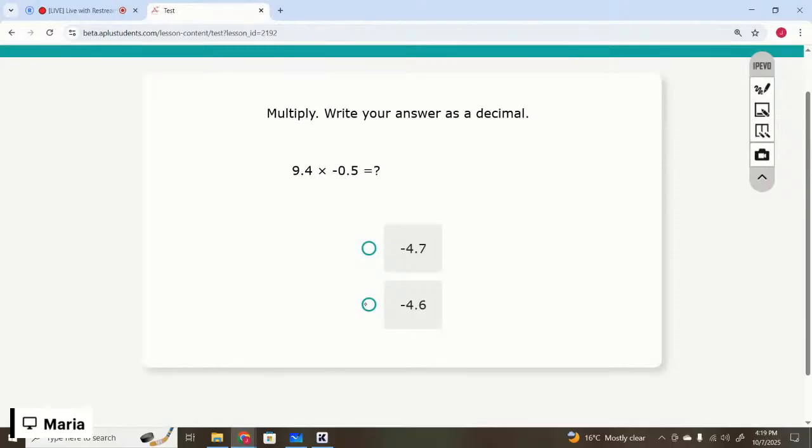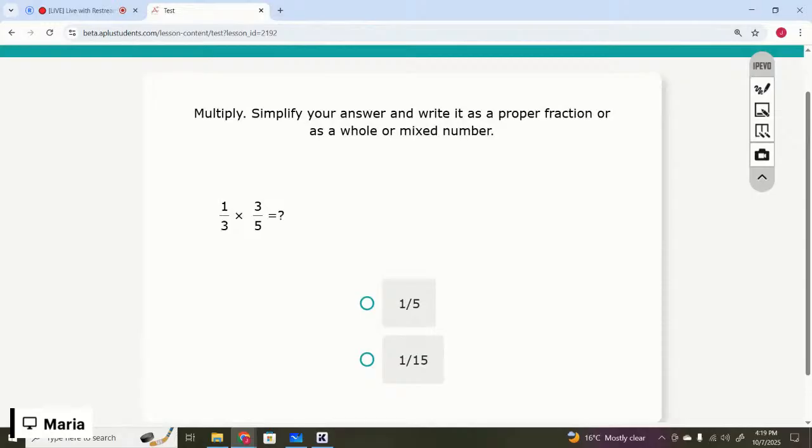So basically you need to multiply. So that is 4.7, divided by 2, because 0.5 and 1 by 2 are exactly the same.